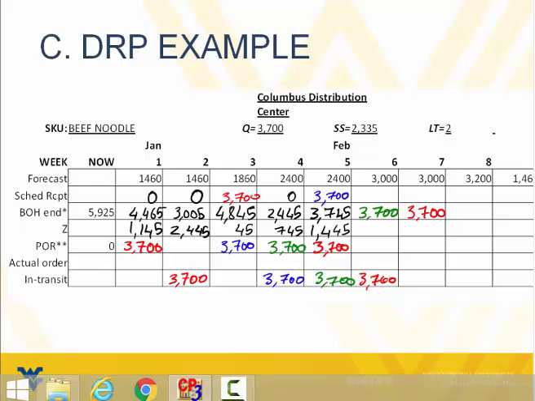So now my balance on hand will be 6,745 minus 3,700, which is 4,445. Oops.